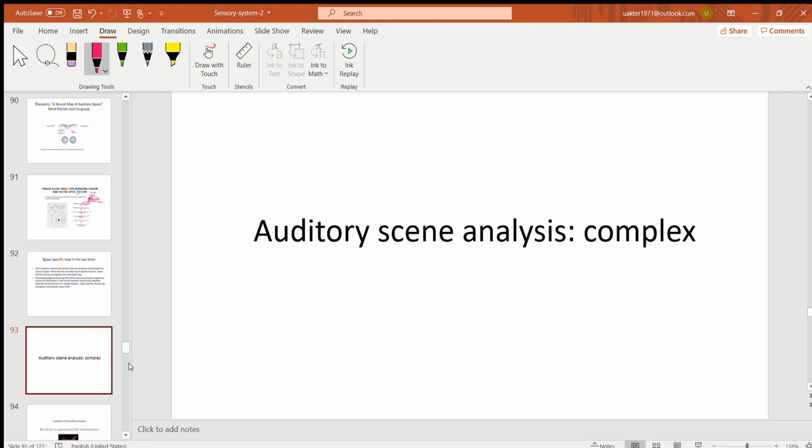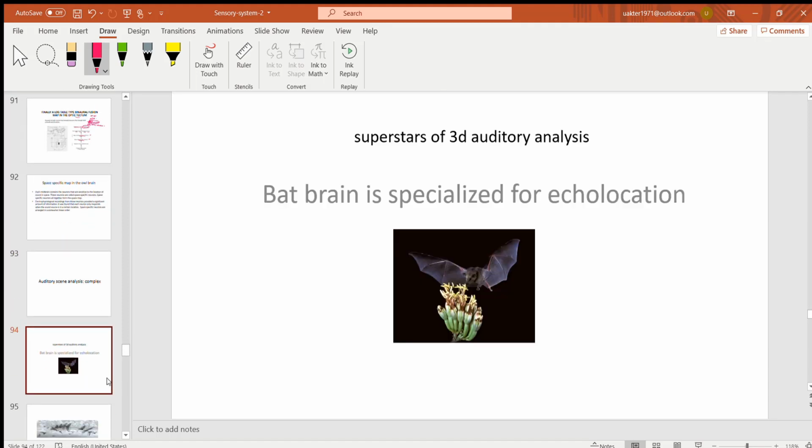Now we will talk about another type of auditory scene analysis that I mentioned, echolocation, right? Echolocation is different from the sound localization we do, or the owls do.